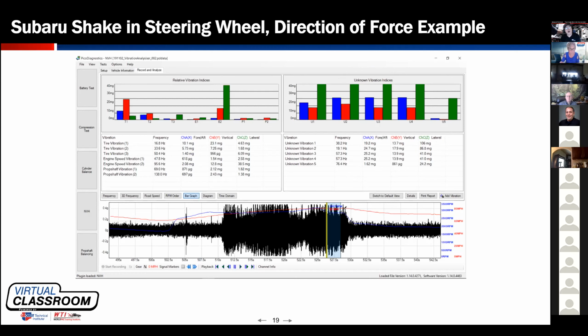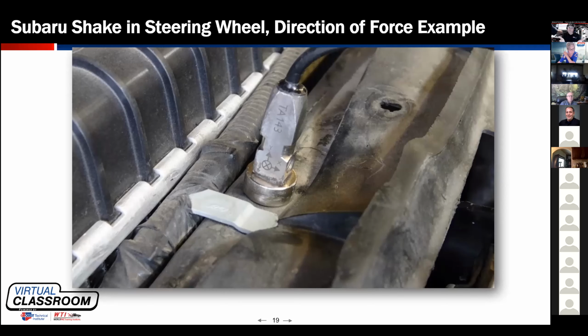And by the way, just one thing to remember, depending on the vibration equipment that you have, I'm showing you a Pico example right here. The accelerometer you're looking at here has a relatively strong magnet on it. But one of the reasons that it is marked on the side here, you can see I've got a lot of time on mine, is this X with an arrow, this Y with an arrow, and the Z that's kind of corroded out over here, is how they measure the directional force.